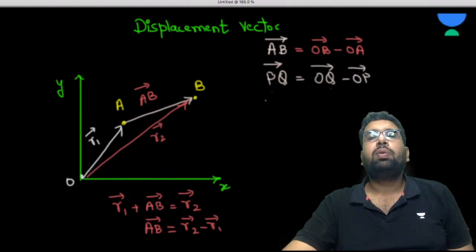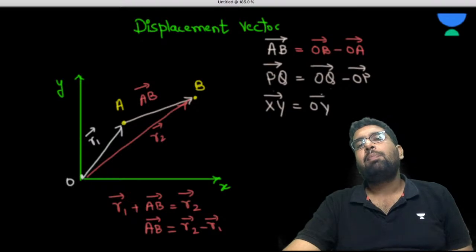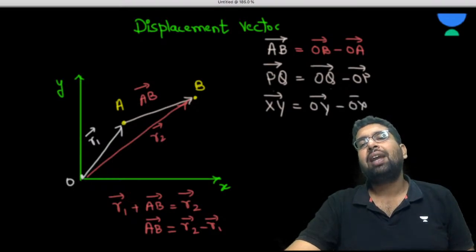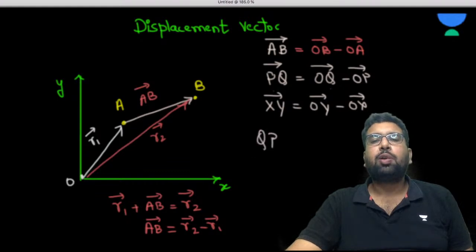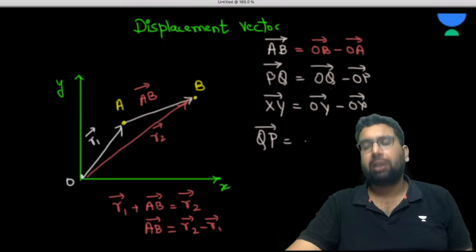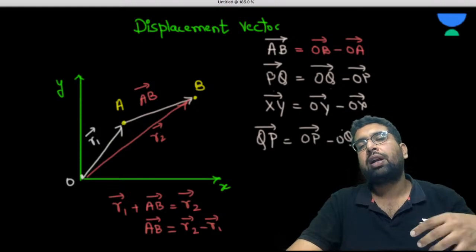Similarly, if you want to find the XY vector, what is it going to be? It is going to be vector OY minus vector OX. Okay, I think you got this, no? If it is written like vector QP, what is the displacement vector between Q and P? So you can write this as the position vector of the final point minus the position vector of the initial point.